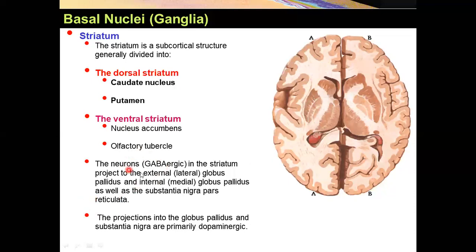And the neurons inside the striatum are GABAergic neurons. They use GABA as neurotransmitter. The projections into the globus pallidus and the substantia nigra are primarily dopaminergic.